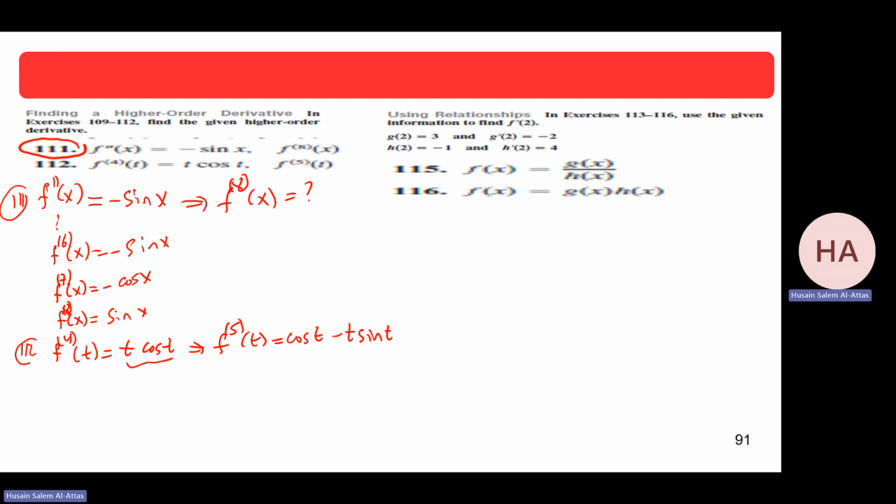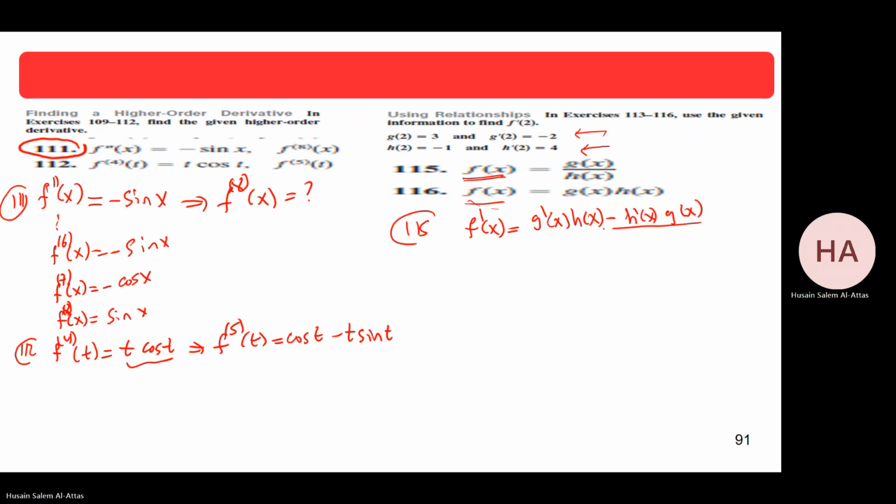These problems, 115 and 116, he gave you some information about a function called g and another function called h. He wanted to find the derivative of f, which is g over h. Just use this information, and the same thing for 116. 115, I know f prime is g prime times h minus h prime times g over h squared.